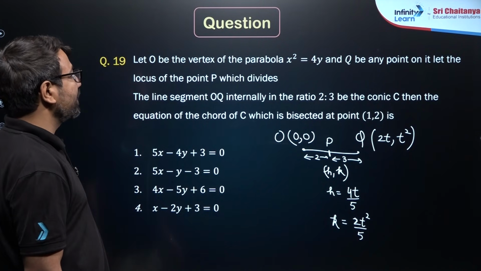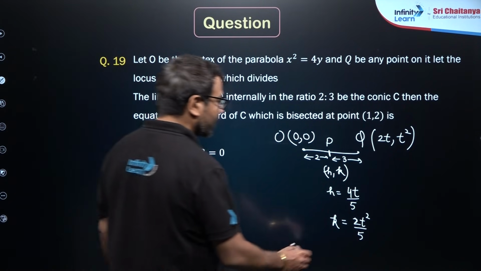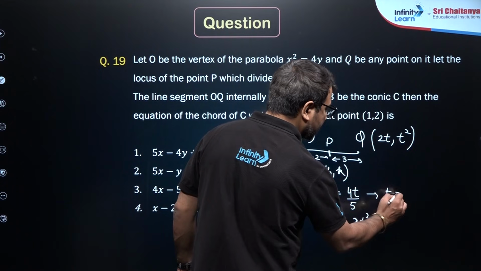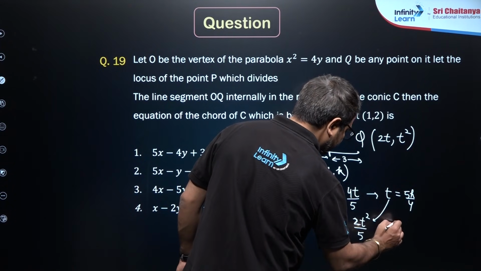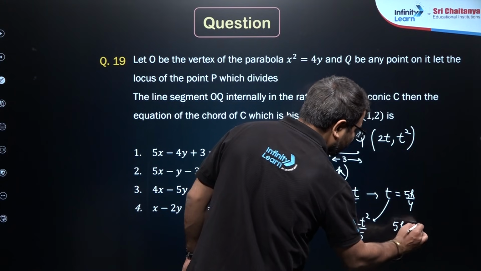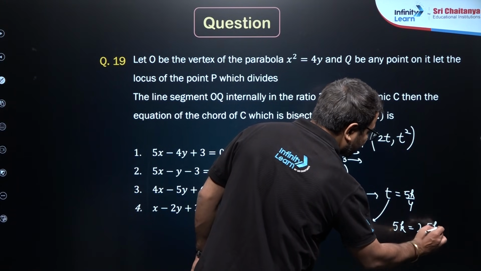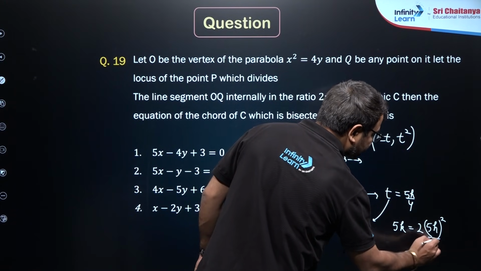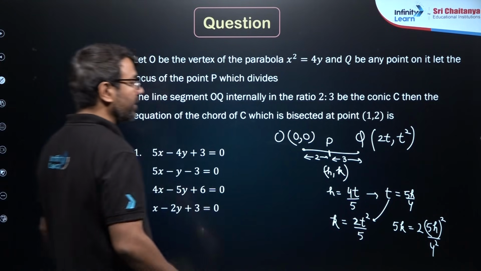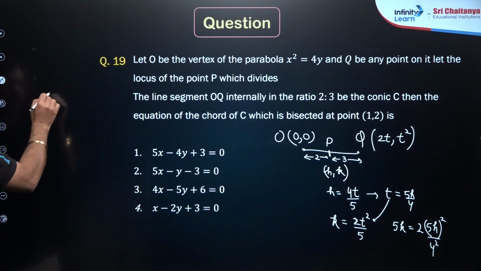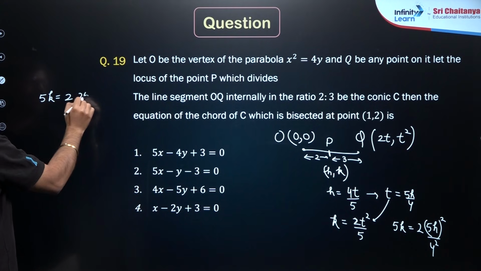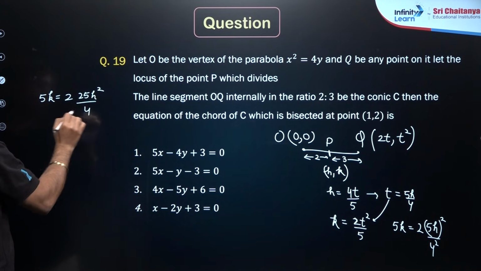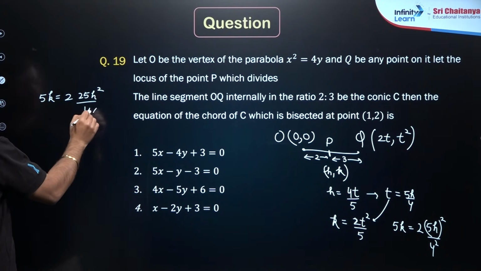Now they have said that be the conic. So locus if I have to find, you will find t from here as 5h over 4. Substitute t here. 5k is equals to 2 times t square. So if you simplify it, 5k is equals to 2 times 25h square divided by 4 square.